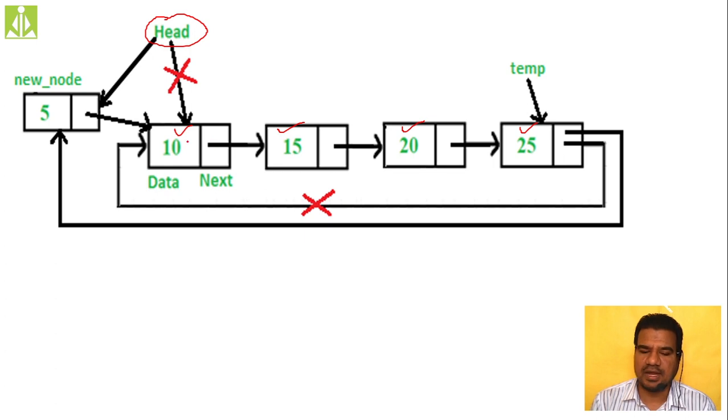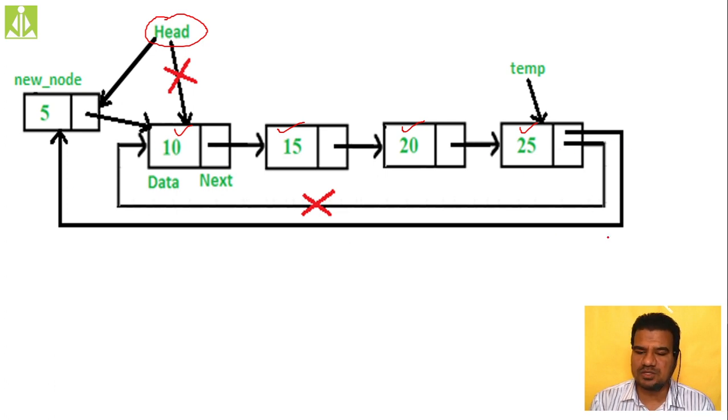So after adding, the new node will become head. The last node's next pointer, previously it was pointing to the previous head node, because the last node's next pointer will not be null in a circular singly linked list. It is going to point to the first node, the head node.